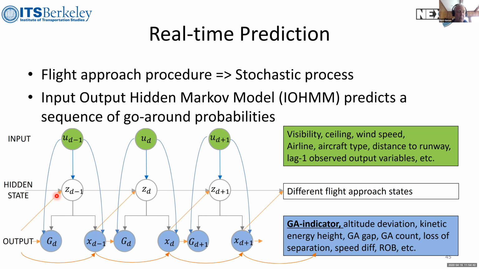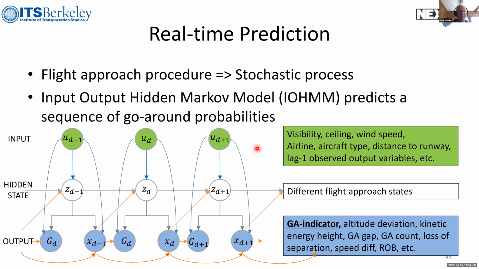And so we imagine the flight going through a succession of these hidden states. We learn from the data information about the number of these hidden states and what variables correlate with them.